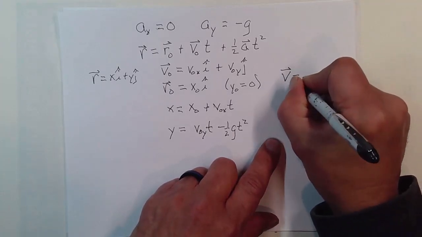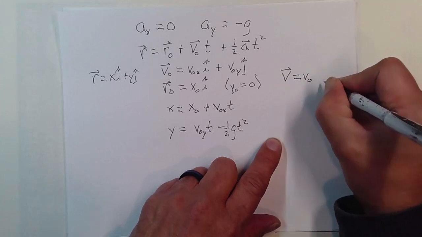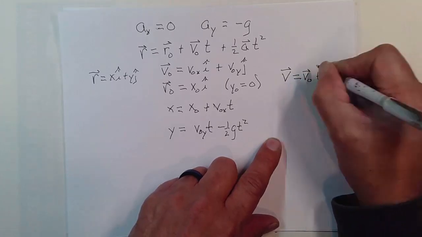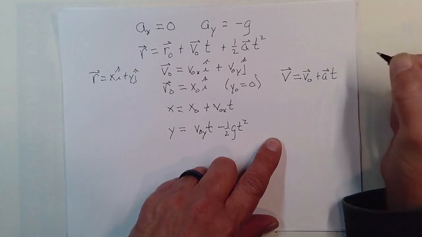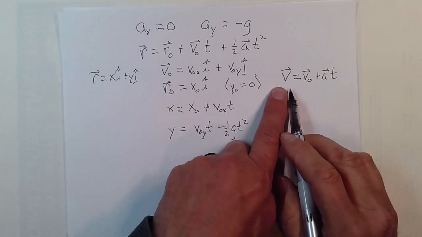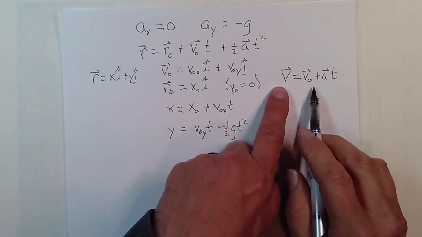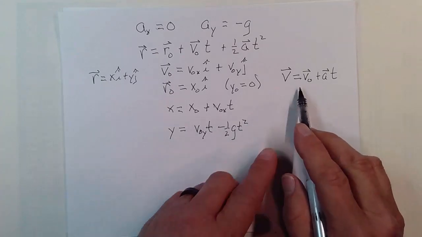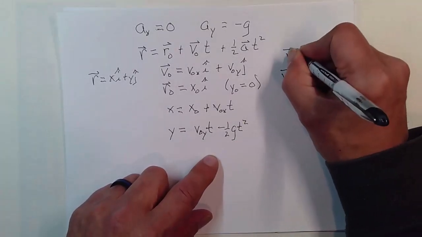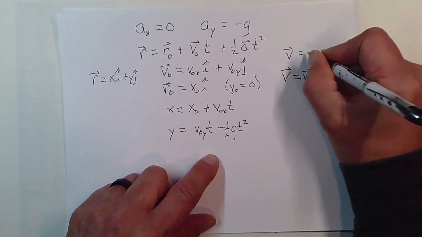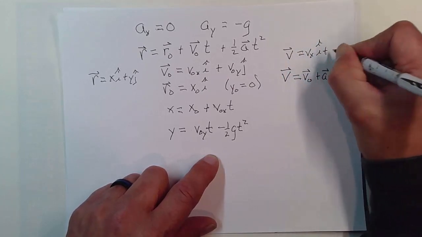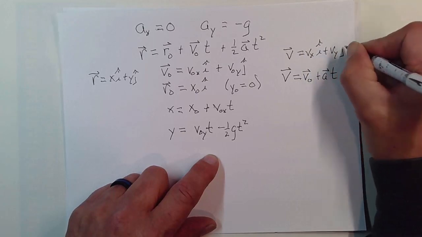V is going to equal v naught plus a t, but v naught is a vector and a is a vector. And if I pick off the x part of this, the i hat part, well, v I haven't defined yet. V as a changing time will equal v sub x along i hat plus v sub y along j hat.